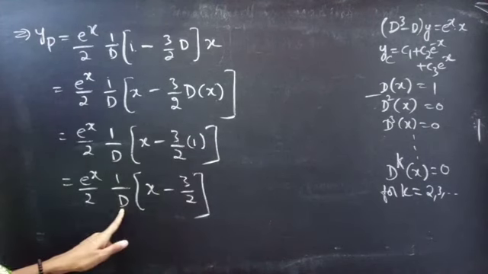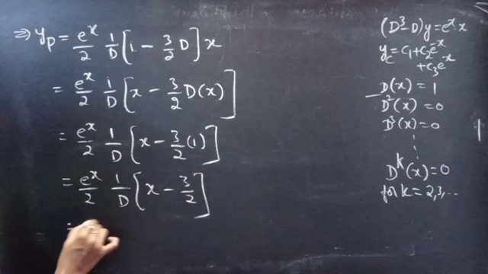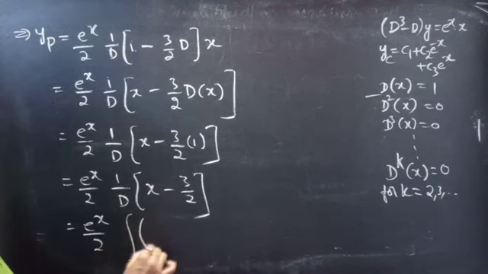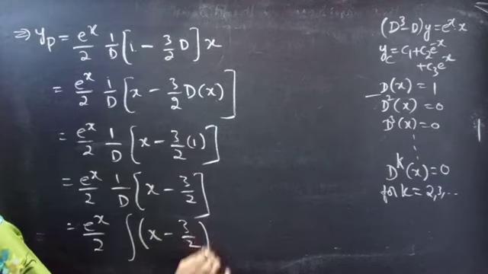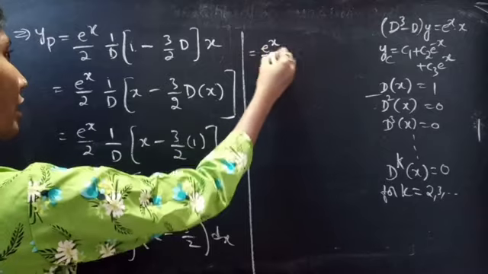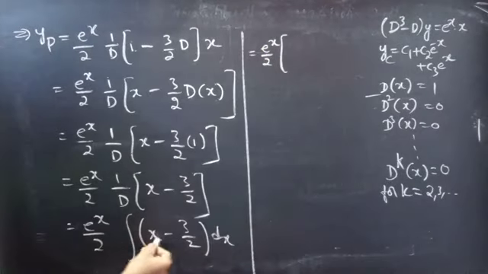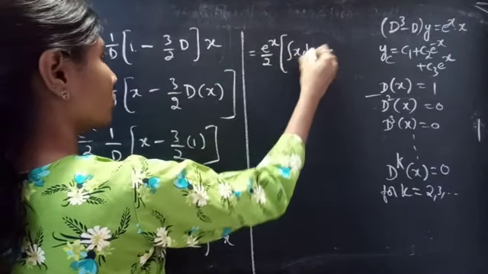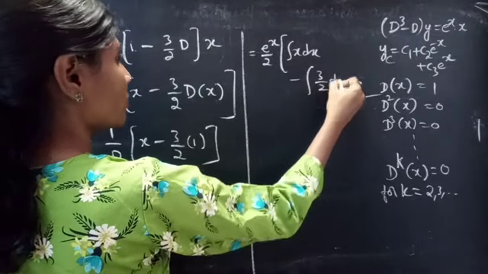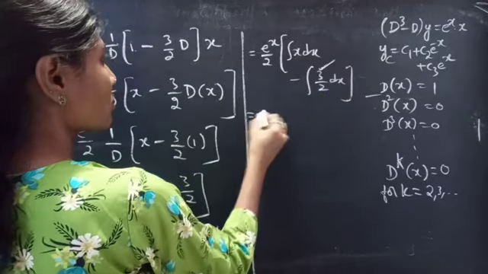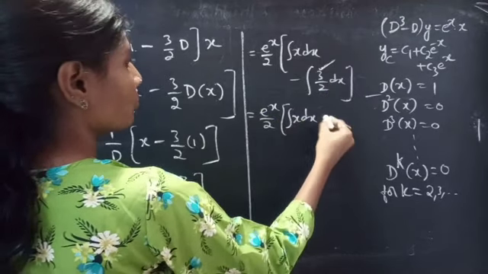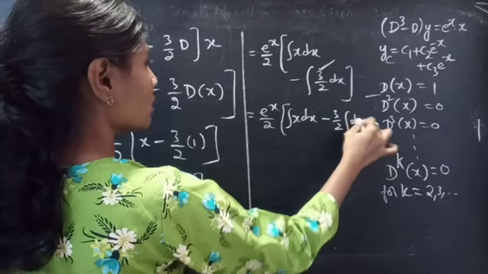We know that 1/d is an integral operator, so let's integrate the two terms under brackets: e^(x/2) · [∫x dx − ∫(3/2) dx]. Here 3/2 is constant, so take it outside the integral: ∫x dx − (3/2)∫dx.